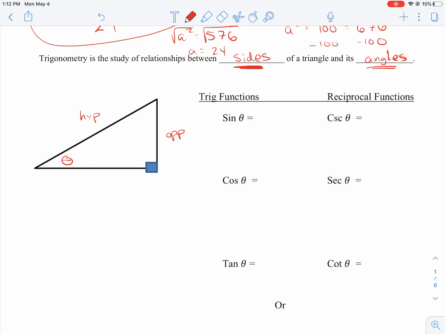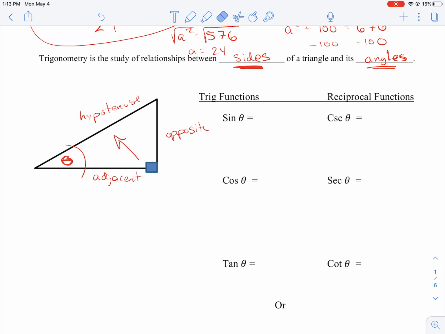We always write our angle as theta. The closest side to that, we call the adjacent. So adjacent, opposite, and hypotenuse. Hypotenuse is always that side located directly across from your right angle.